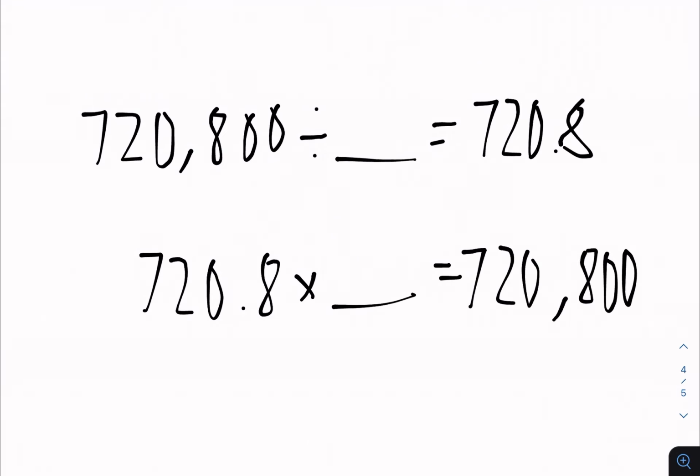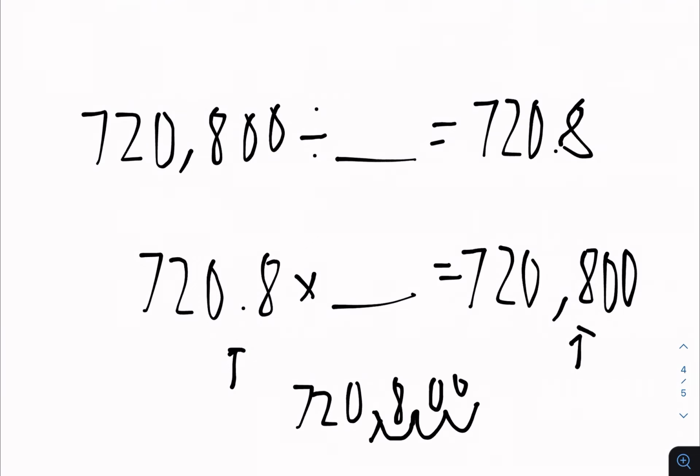So how many decimal places do we have to move from this number to get to this number? And if you see, there's 2 more zeros after 8, so we can move it 1, 2, 3 places to get that number. So that means that this missing number here will be 10 cubed.